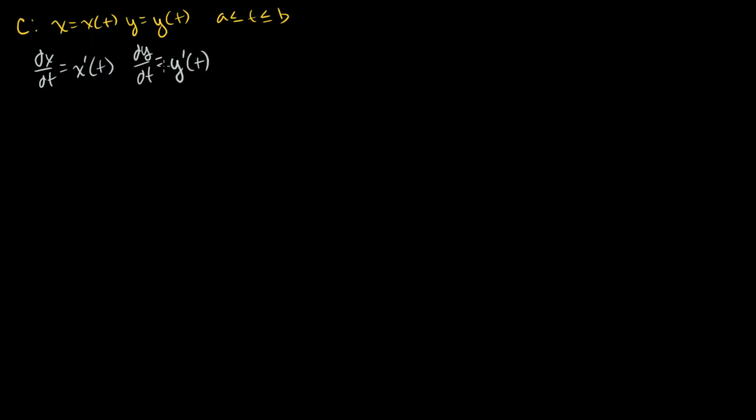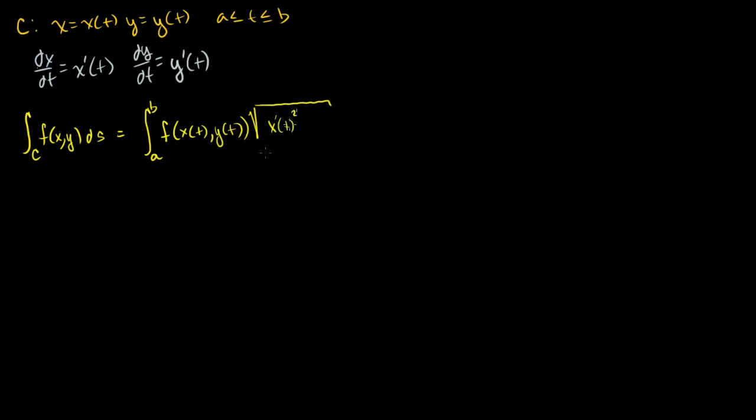This is nothing groundbreaking I've done so far, but we know the integral over c of f of xy, f is a scalar field, not a vector field, ds is equal to the integral from t is equal to a to t is equal to b of f of x of t, y of t, times the square root of dx dt squared, which is the same thing as x prime of t squared, plus dy dt squared, which is the same thing as y prime of t squared, all that under the radical, times dt.